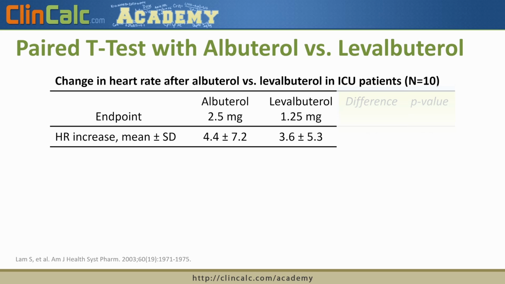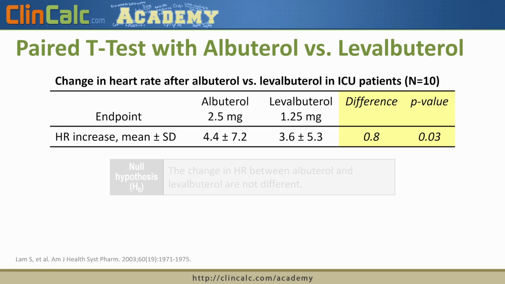So you can see here that we had albuterol versus levalbuterol, and what we saw was a difference of 0.8. So we're literally just subtracting 4.4 versus 3.6, and we're asking the question, is 0.8 different enough from 0 to be statistically significant? And we'd use a paired sample t-test to come up with the p-value, and in this case, the p-value was 0.03.